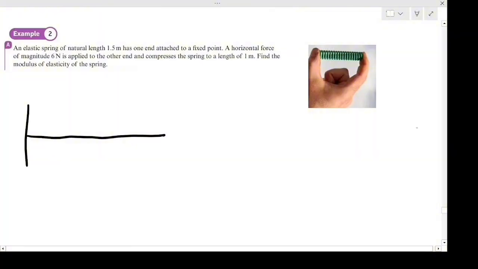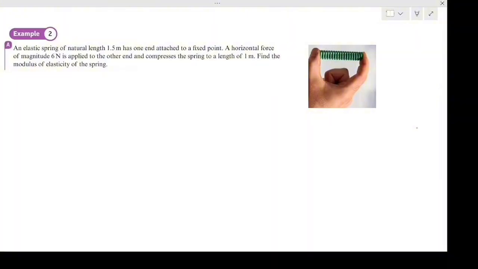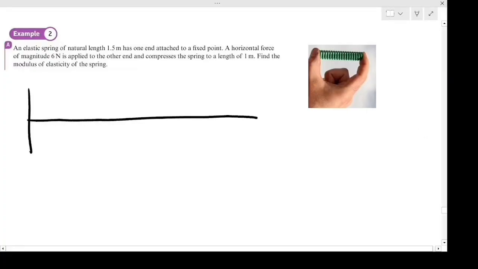Now, what's going on here is there's a compression. And again, I've added this picture here to help you visualize if you're a bit unsure of what exactly it looks like. Again, let's say originally this is my spring. This is going to be my natural length.